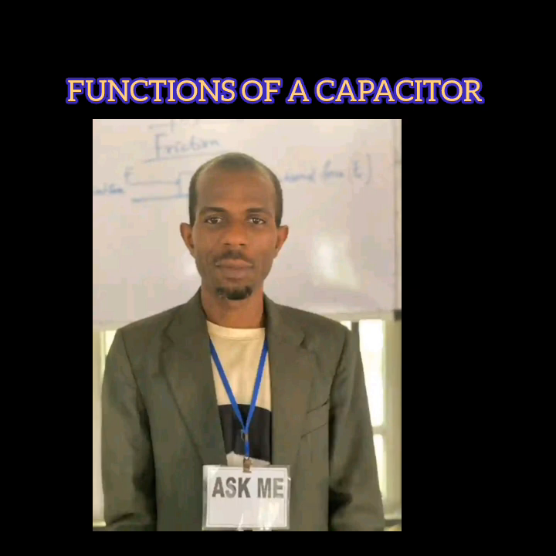Number two, we use it to establish different electrified patterns in an electric field. Number three, we use it to filter out AC from DC, that is, having low resistance for AC and high resistance for DC. Of course, AC means alternating current and DC stands for direct current.